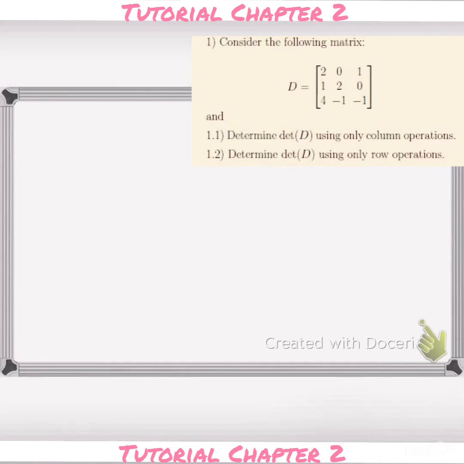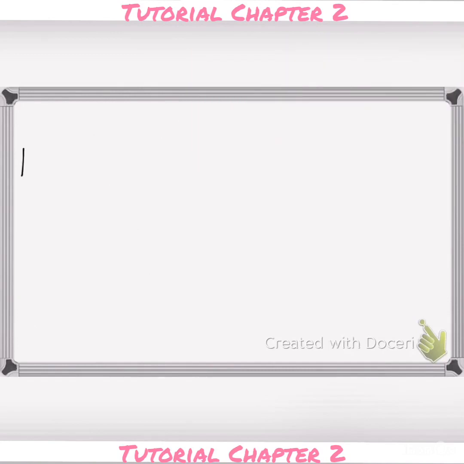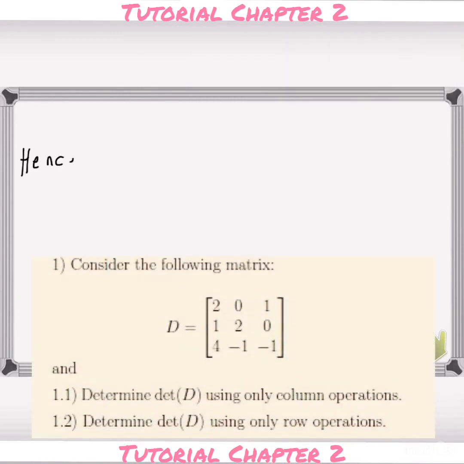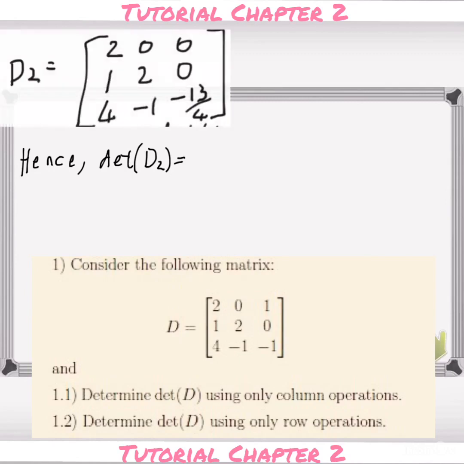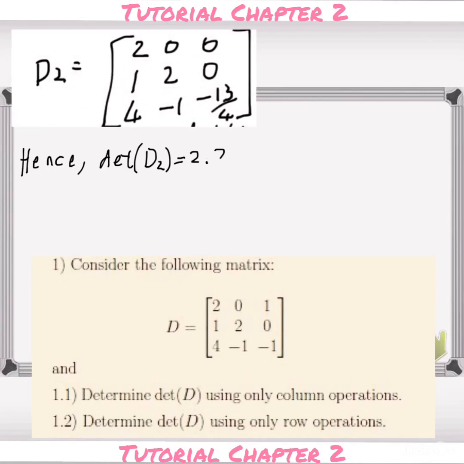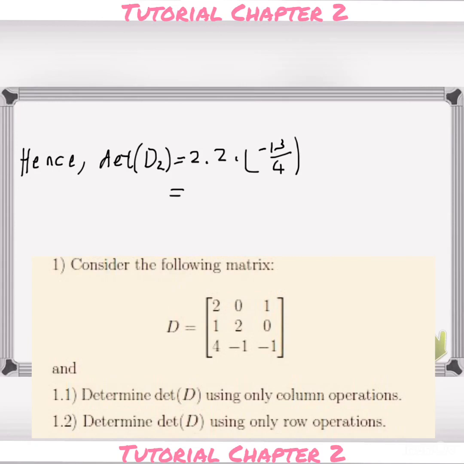Okay, so basically, knowing that, we said the determinant of D2, now D2 is a lower triangular matrix, so the determinant is the product of the entries on the diagonal, so it's going to be 2 times 2 times minus 13 over 4, which is going to be minus 13.